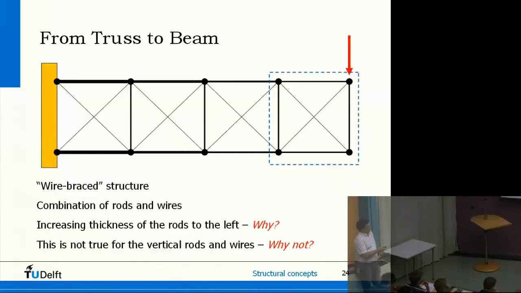Sorry, no horizontal forces. We have only one vertical force. How is that transferred from right to left? By the upper beam, or the upper elements, or by the diagonal elements, or by the vertical elements?